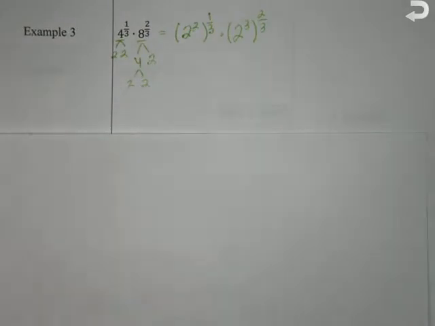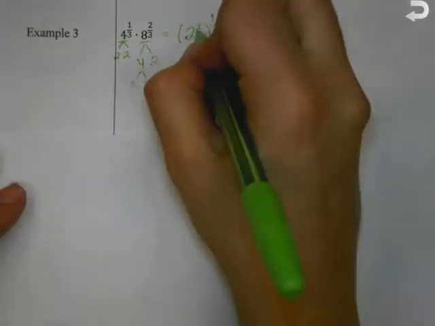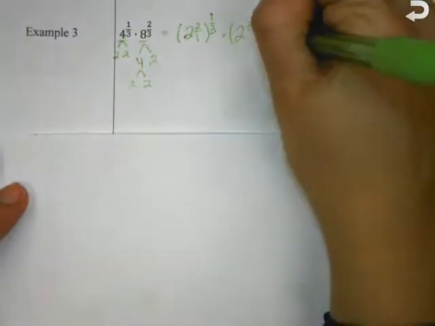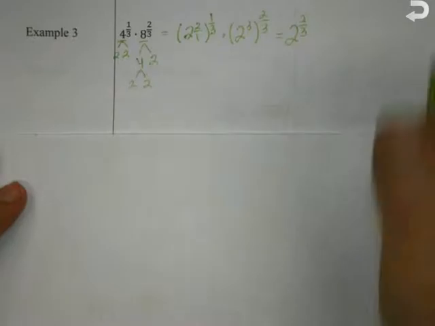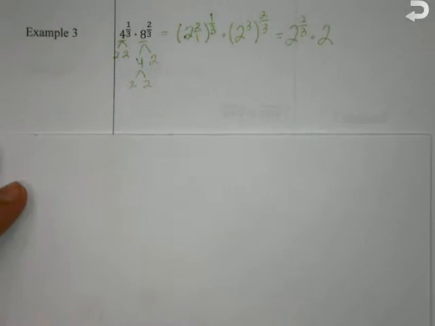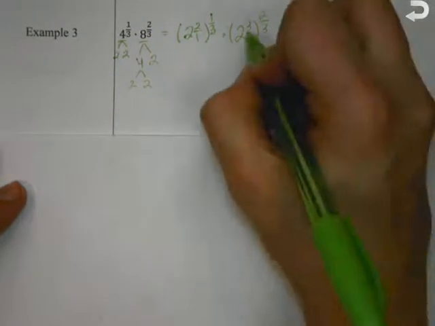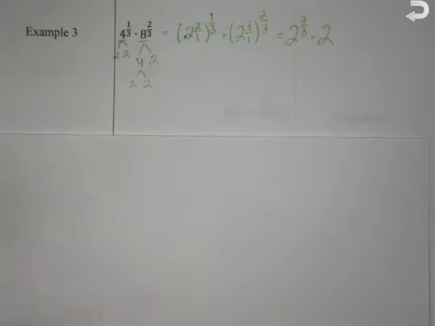Good, multiply. So this is 2 over 1 times 1/3. So that's 2 to the 2/3 times 2 to the 3 over 1 times 2 over 3. Please do not cross reduce yet, because we're going to end up needing common denominators. So this is going to be 6 over 3.